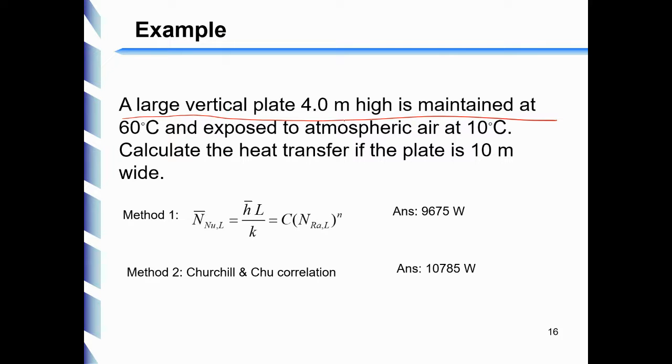A large vertical plate 4 meter high is maintained at 60 degrees centigrade and exposed to atmospheric air at 10 degrees centigrade. Calculate the heat transfer if the plate is 10 meter wide.